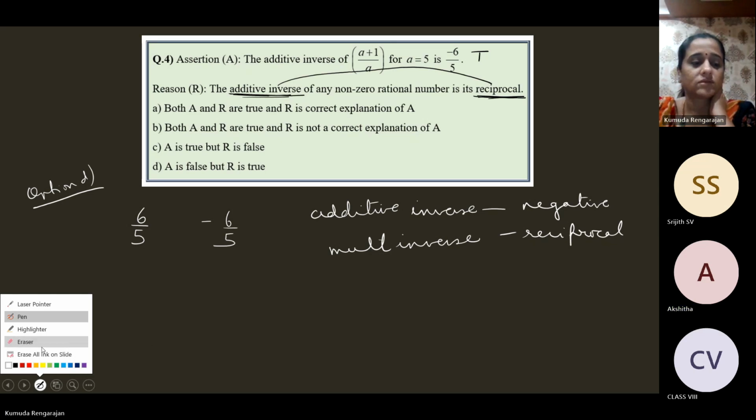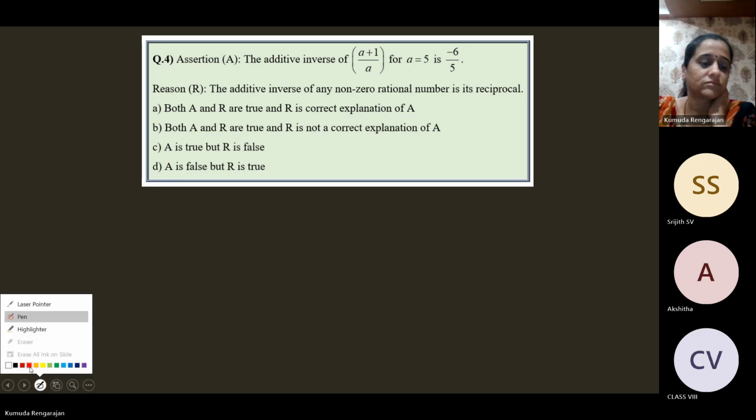C. Option C is the correct option. Because this is true, this is false: the additive inverse of a non-zero rational number is its reciprocal.